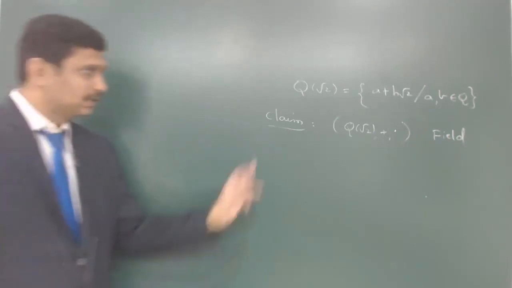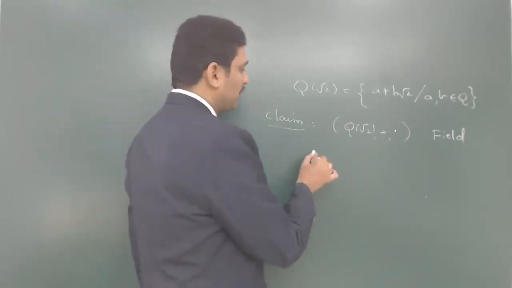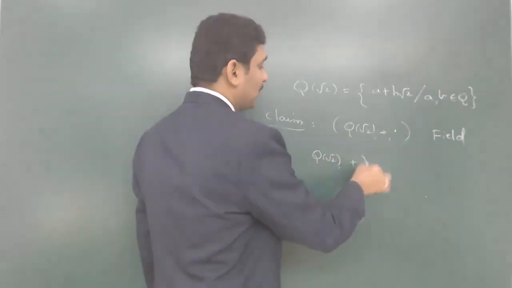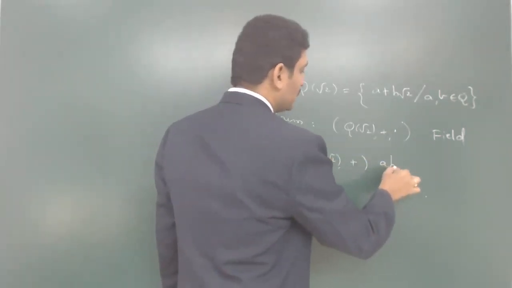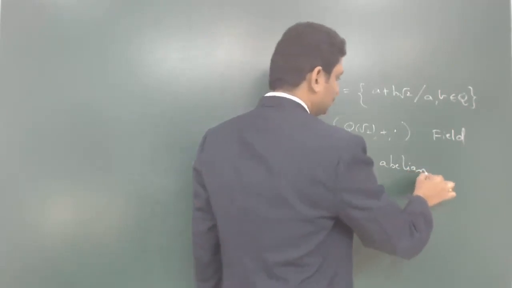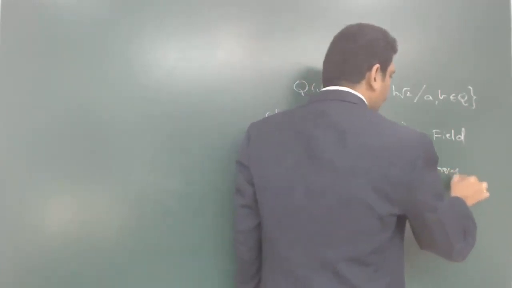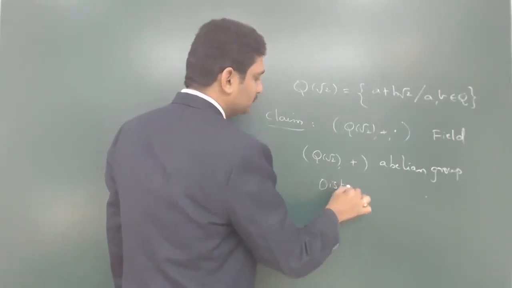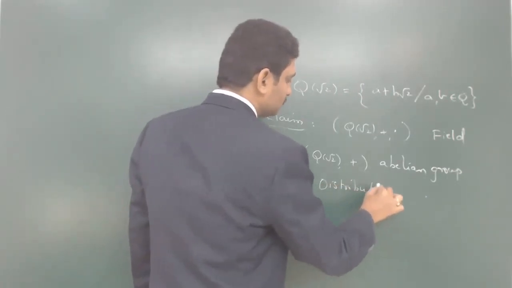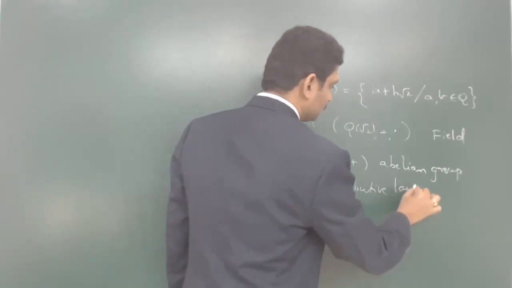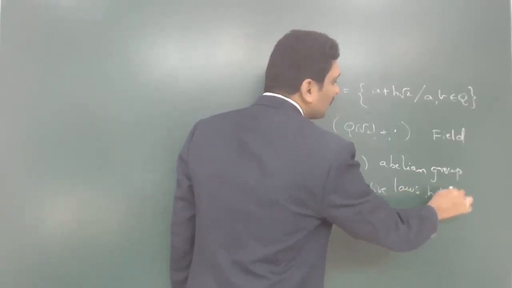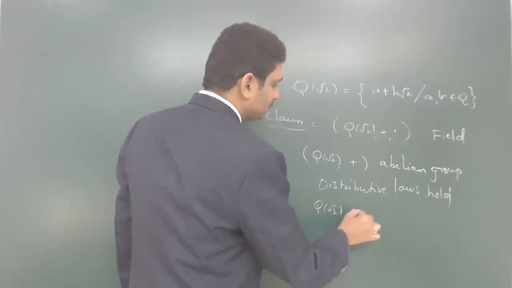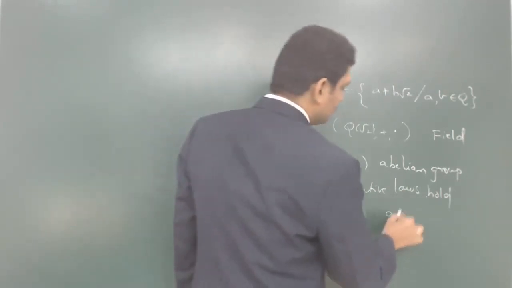So to show that, we have to verify Q of root 2 comma plus is an abelian group, distributive laws hold in it, and if you take the other operation, it is also abelian.